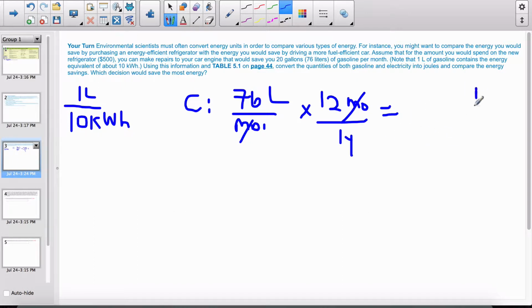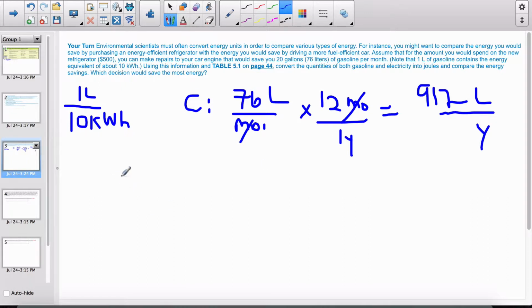All right, so you guys will have to do the multiplication yourself right here. And you would have to do this by hand. Remember, you don't get a calculator in my class, but you can check your work afterwards with the calculator when you're doing your homework. And I'd already previously calculated this myself, so I'll give it to you ahead of time. 912 liters per year saved of gasoline, okay?